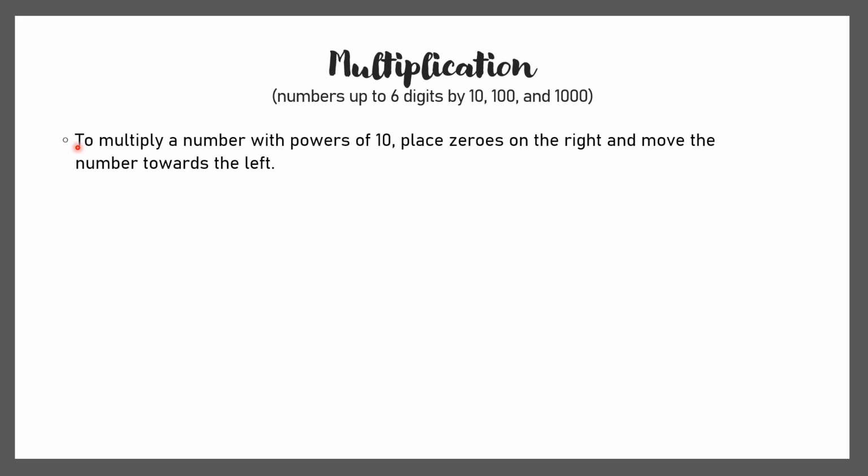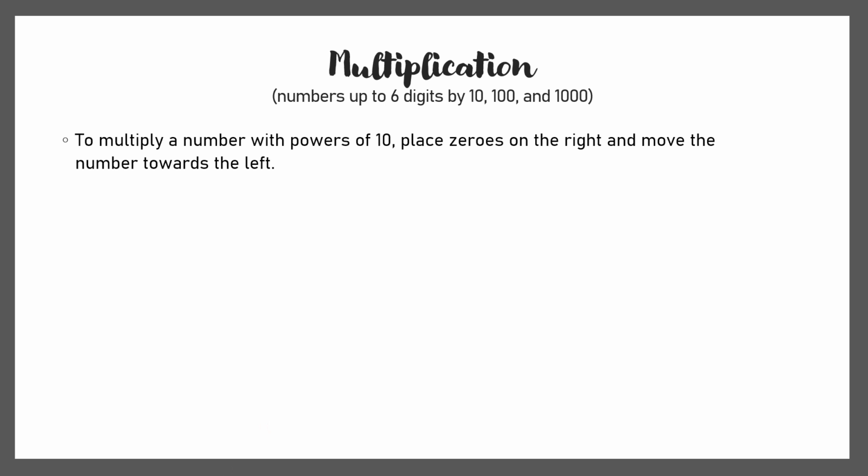Whenever we multiply a number with powers of 10, place zeros on the right and move the number towards the left. Whenever we are multiplying a number with 10, 100 or 1000, we place zeros on the right side of that number and the number is moved towards the left.